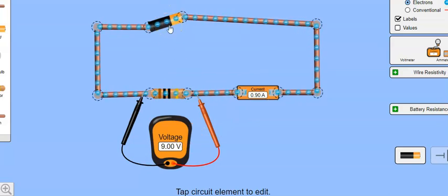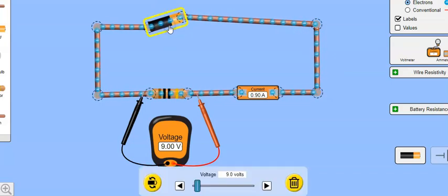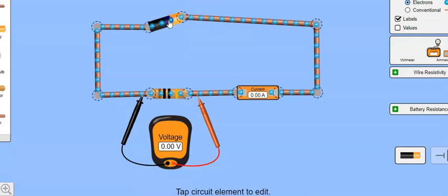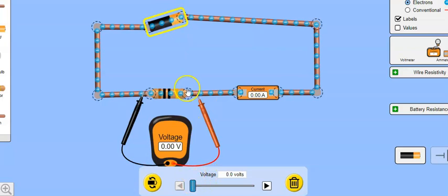In the simulation software, the battery has a property that real batteries in the real world do not. You can actually change the size of its voltage by clicking on it. In the real world, we have to use things called variable resistors to do this, but it's very, very handy to be able to do it in the simulation circuit. So what we're going to do is move the voltage to 0.